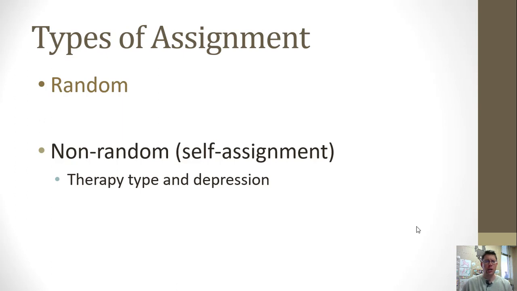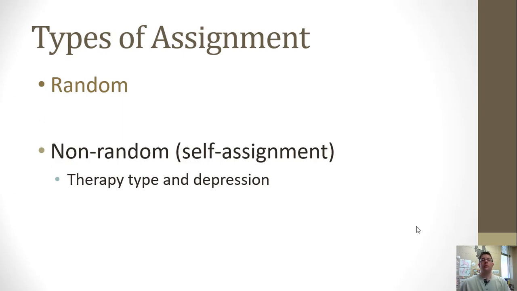If that's true, it may not be ethical to force random assignment onto that, because some people would be getting the less effective treatment. So maybe the IRB says you've got to let people pick which type of therapy they want to go into.